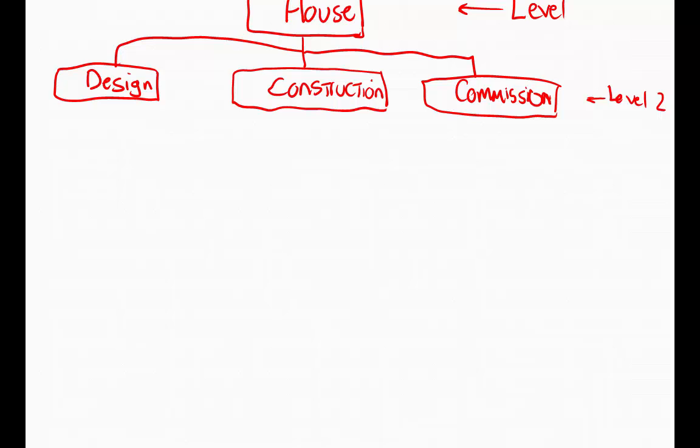So let's say in this project, we're tasked with coming up with the engineering design and the interior design. So each of those could be sub-deliverables. So engineering, and the other sub-deliverable could be interior.